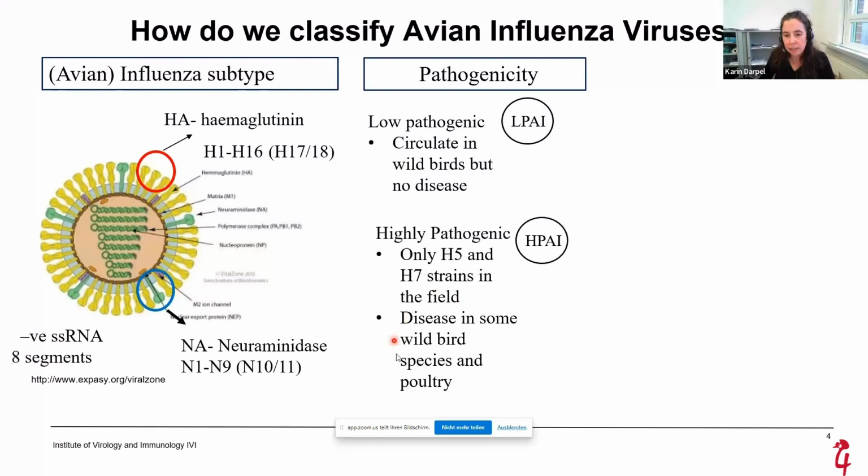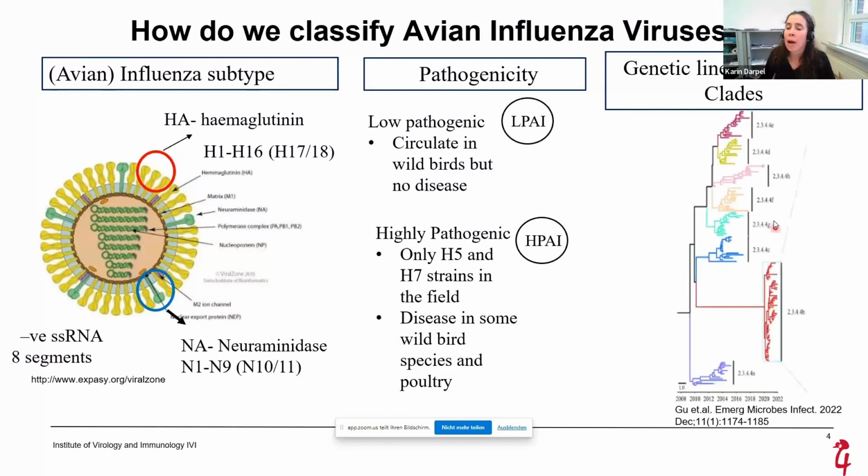They cause disease in some wild bird species and in poultry. We characterize the viruses further as genetic lineages, as an example here for H5, or as clades. And throughout the webinar, we will look into this. What does this all mean, and why is this actually important?